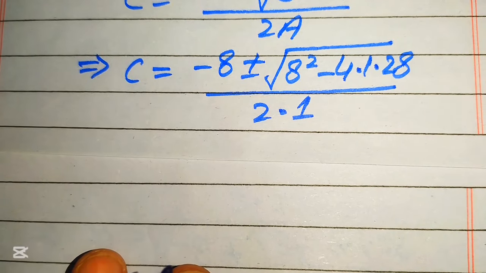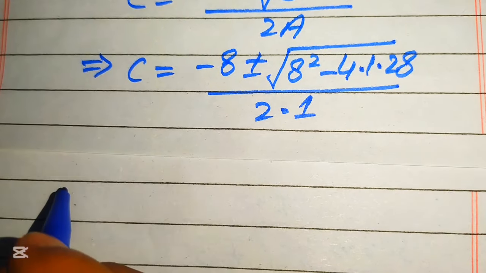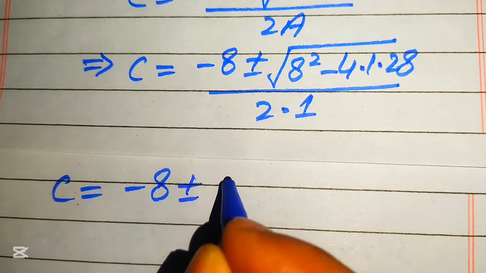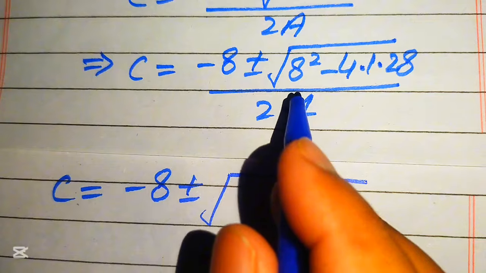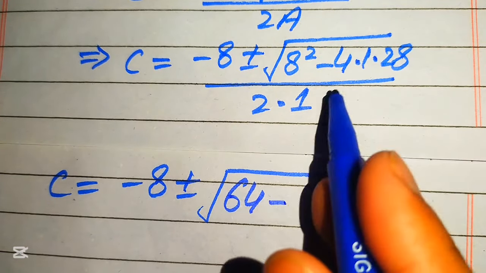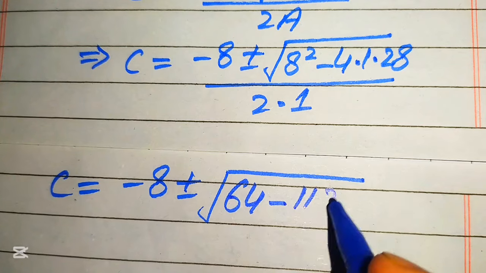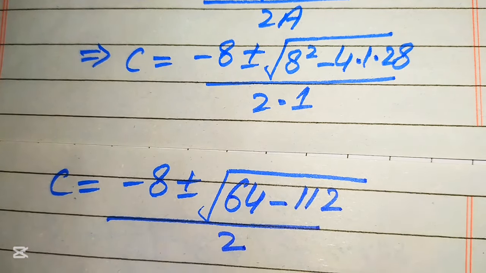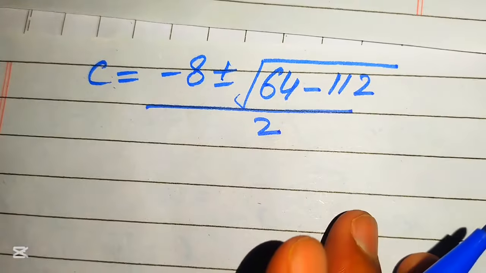So here we need more simplifications, and we obtain c equals minus 8 plus minus square root of 8 square, and 8 square equals 64, minus 4 times 28 equals 112, and it is divided by 2 times 1 equals 2.